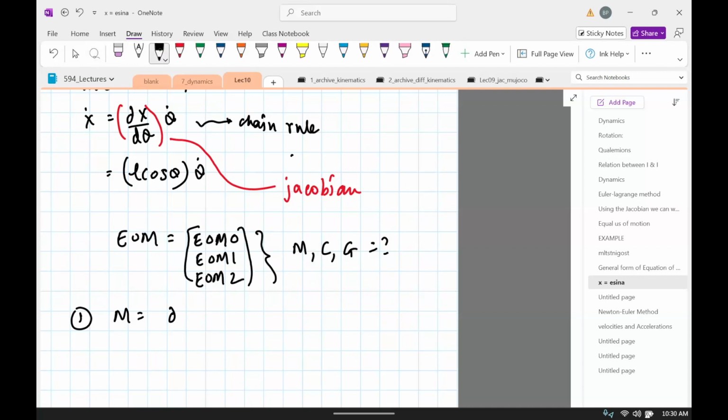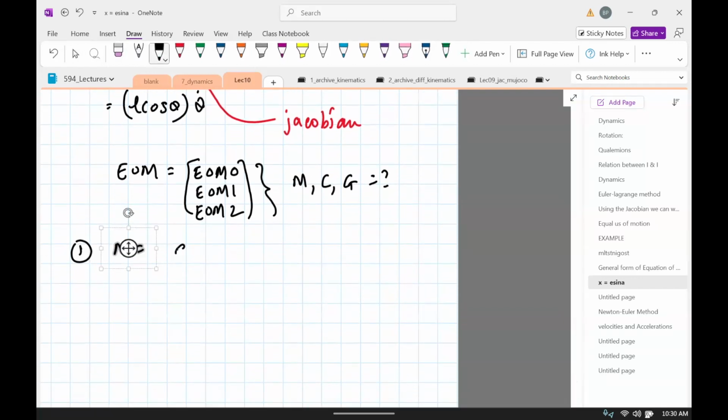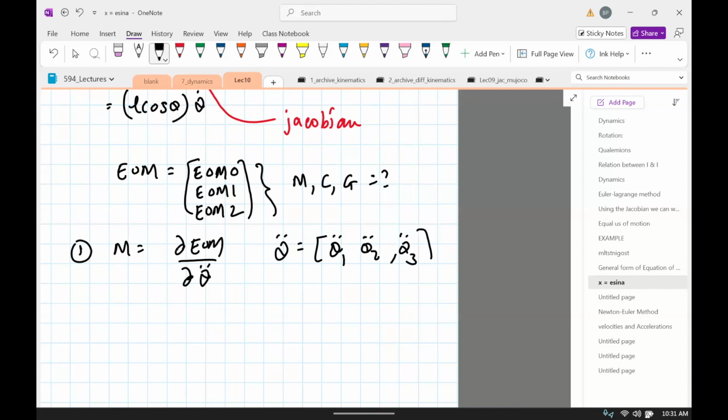Then you take the derivative of EOM with respect to theta double dot, where theta double dot is theta 1 double dot, theta 2 double dot, theta 3 double dot. So that's super easy, just that.